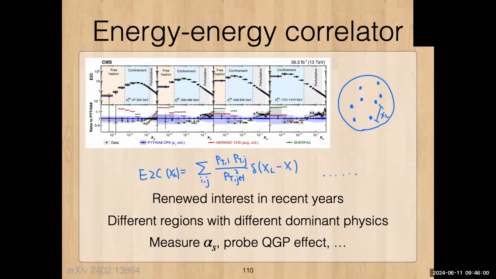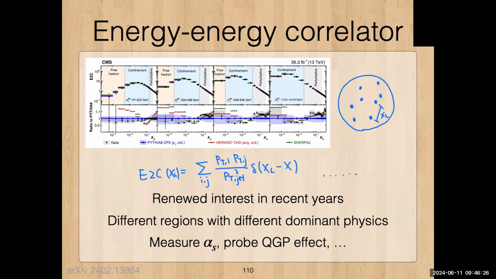The energy correlator is essentially this: suppose you have a jet with a lot of particles. Each pair of particles has a distance, and you count how many pairs are at a given distance from each other, and then add it up weighting by the energy. That's the energy correlator.